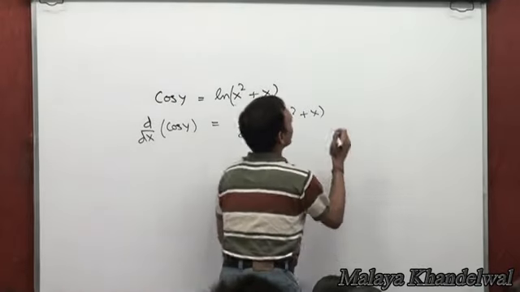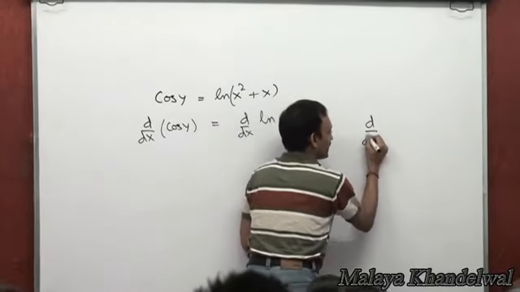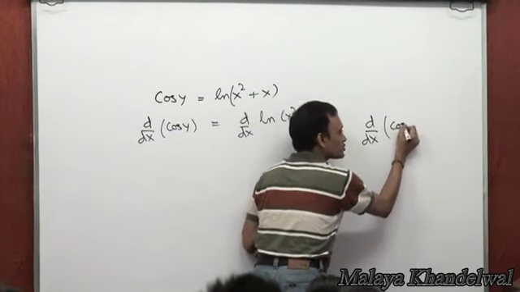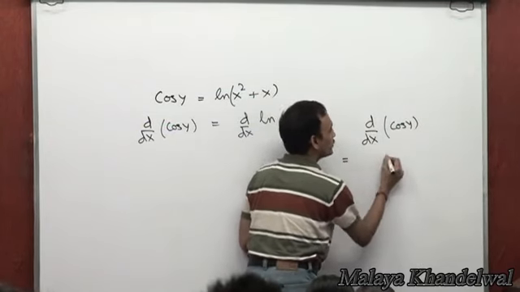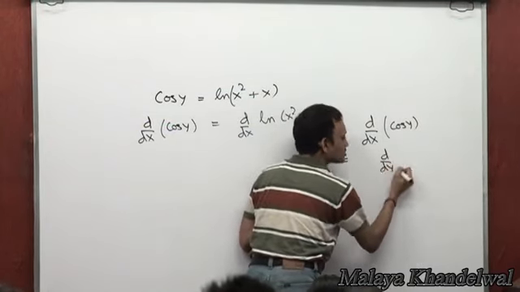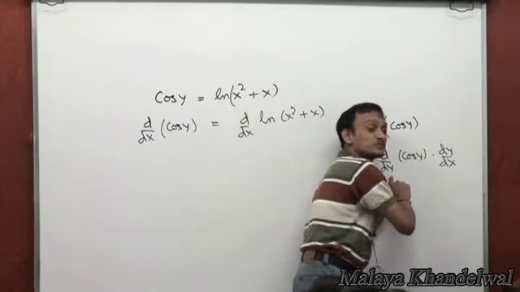Alright. So if I propose d/dx of cos y, then what I do is, I differentiate cos y with respect to y and then y with respect to x. That was courtesy chain rule. Right? But what is the derivative of cos of theta with respect to theta?